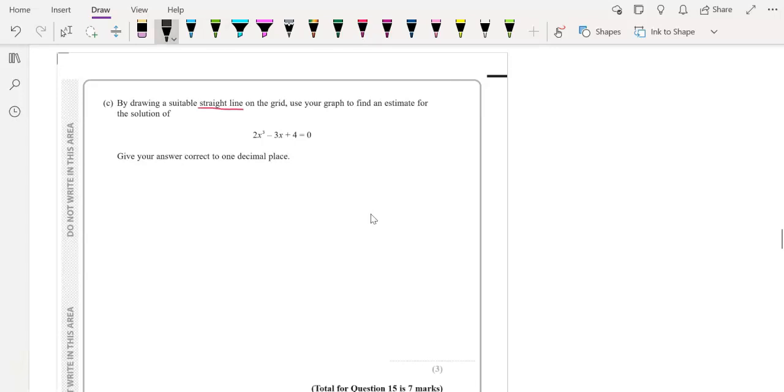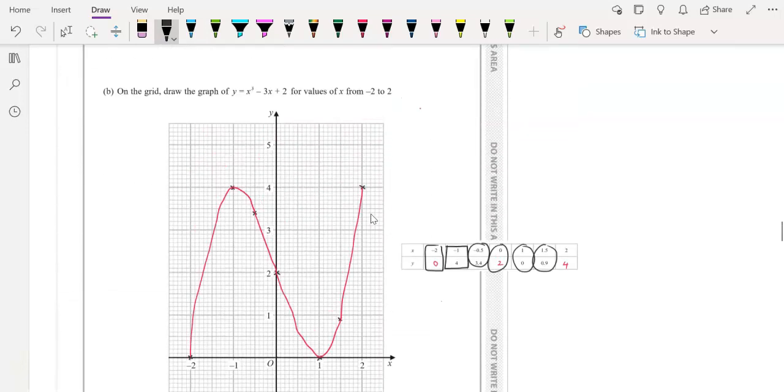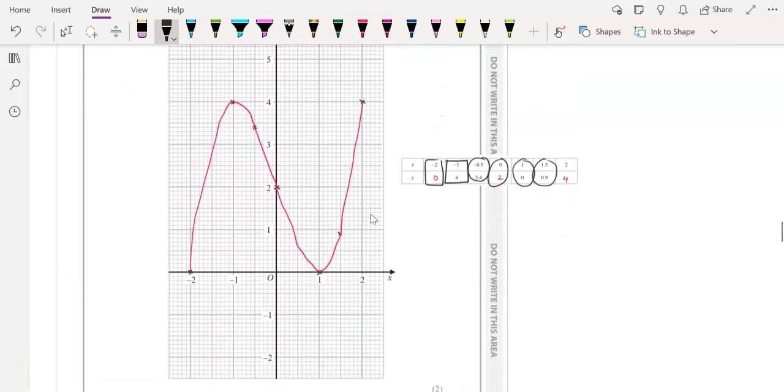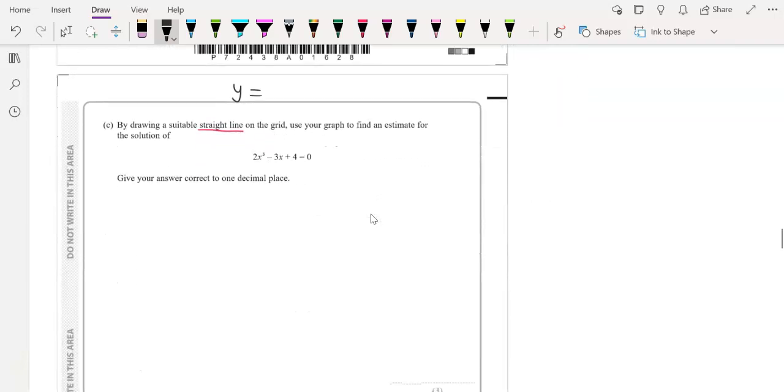Your original equation is y equals x cube minus 3x plus 2. And here, instead of x cube, we have 2x cube. So the trick here is step number 1, you multiply this equation by 2. So when you multiply both sides by 2, you'll get 2y equals 2x cube minus 6x plus 4.